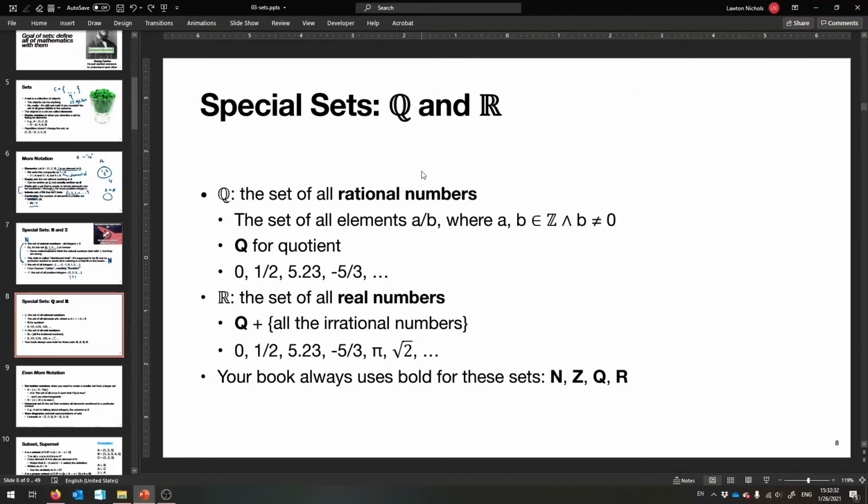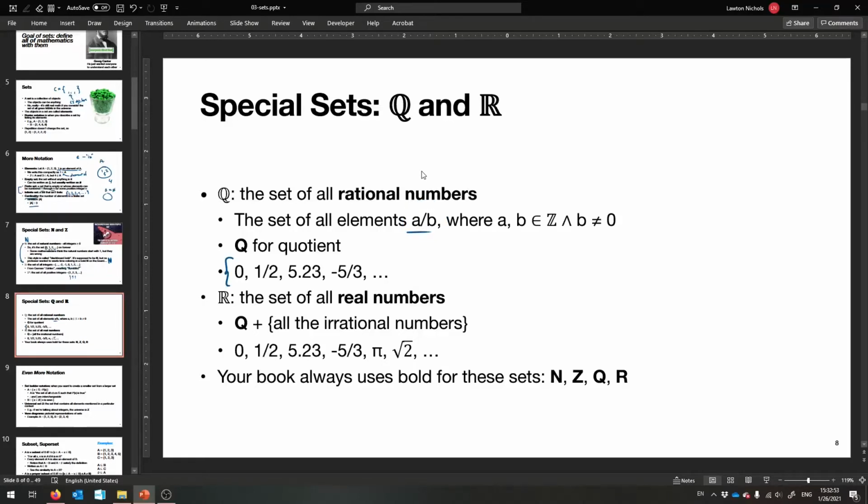The idea with Q is it's the set of all the quotients that you could ever make. It's the set of all a over b, where a and b are integers, and b is not 0, of course, because we can never divide by 0. So all the stuff that you could put in fraction form. And that includes all the integers, of course.